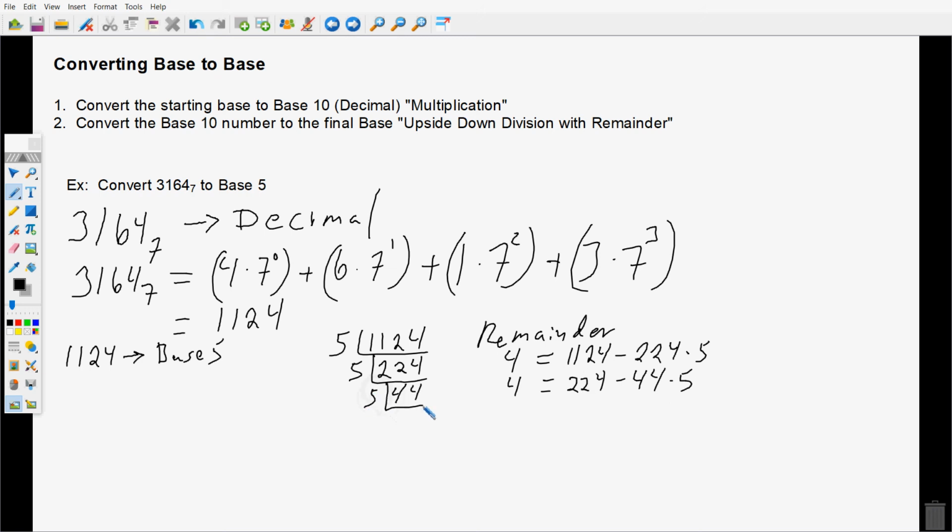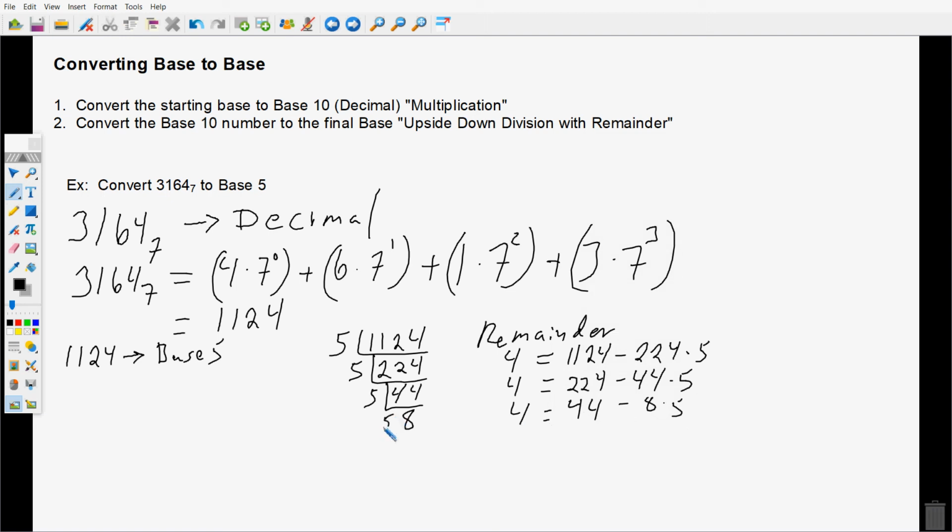Now I'll do 5 into 44. So how many times does 5 go into 44? That's 8. For my remainder, I have 44 minus 8 times 5, which will be 4.